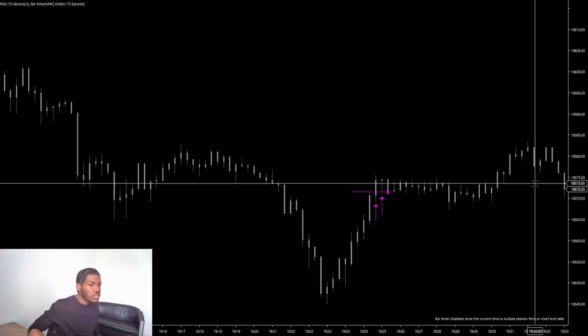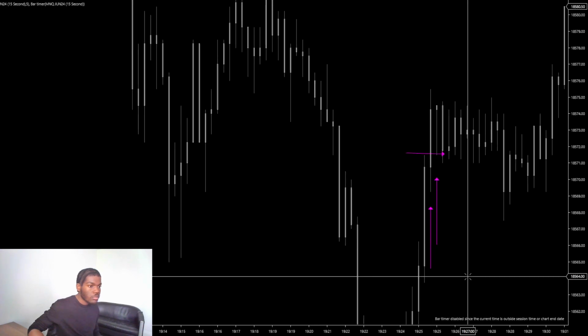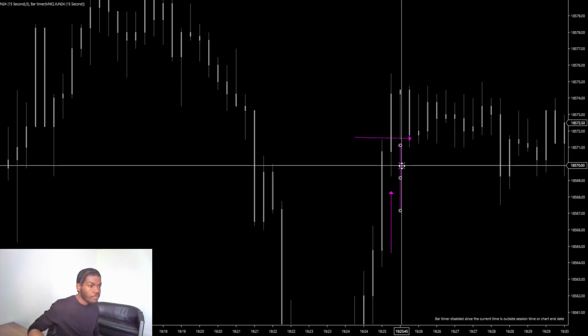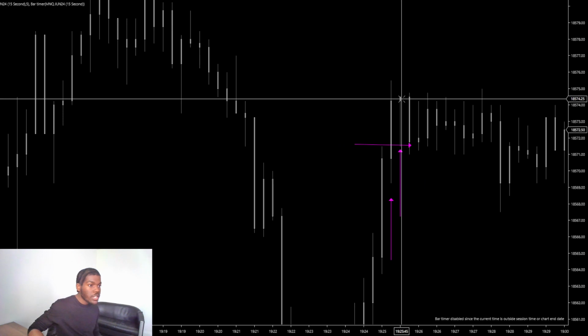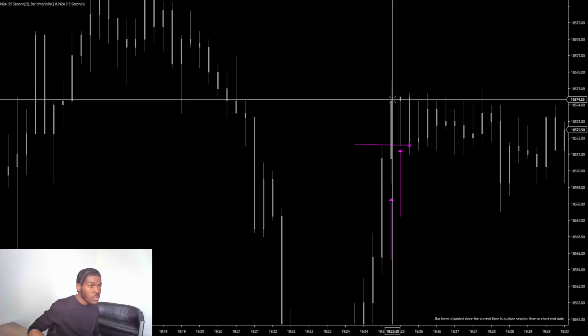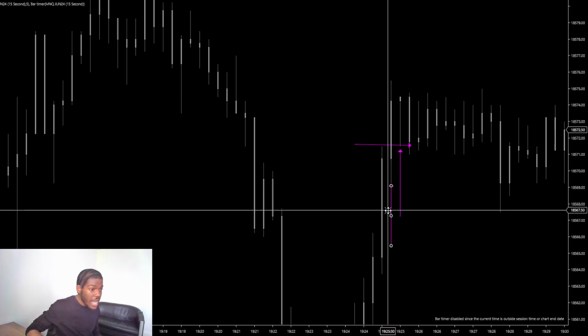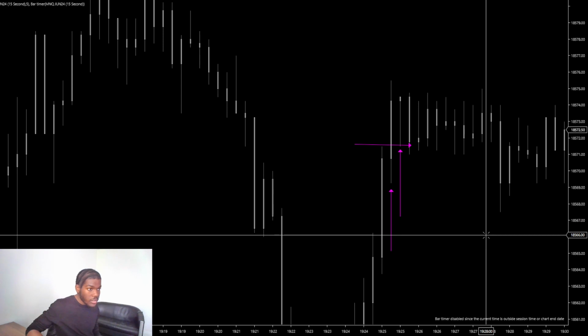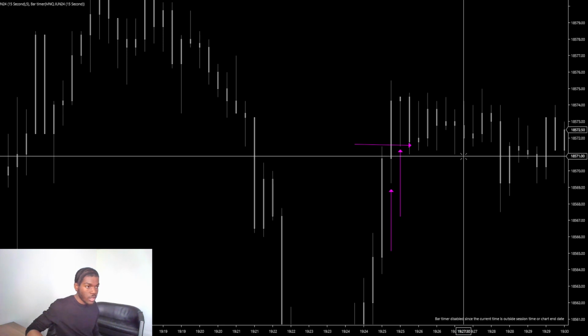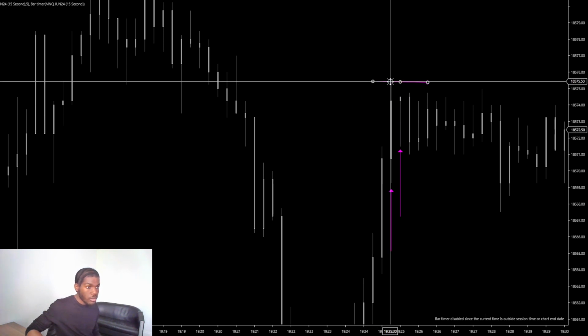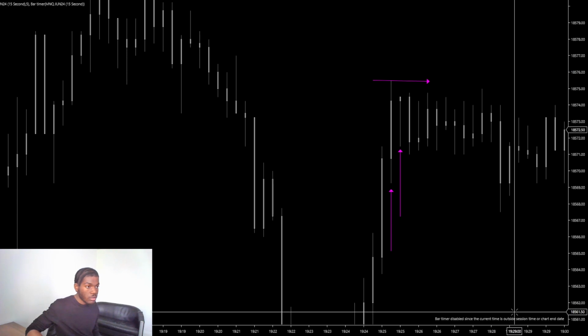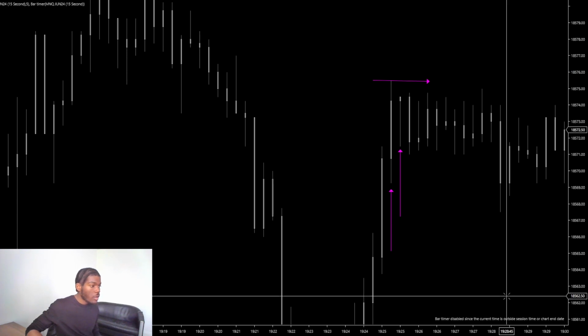Is this candle valid? Did it move above? This is an up candle. I told you an up candle is a closure above the open. Did this move above? This candle right here is currently the last up candle. Did price move above the high of the previous up candle?